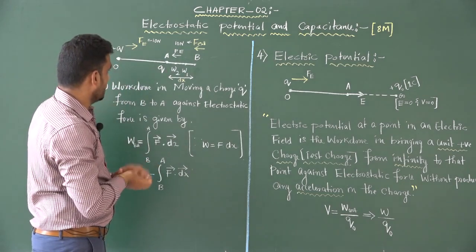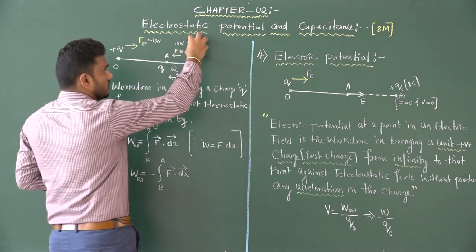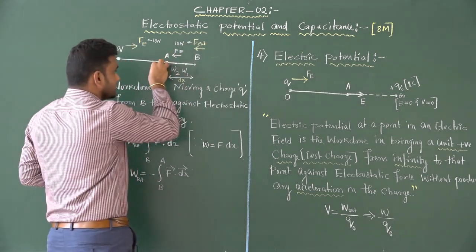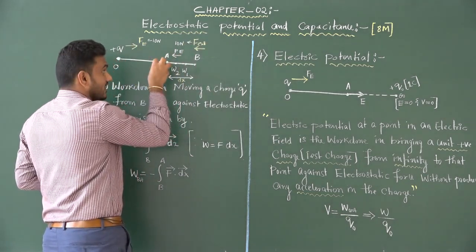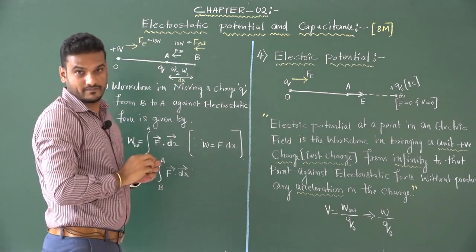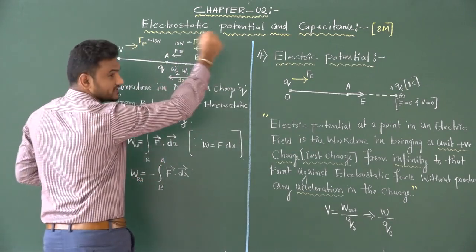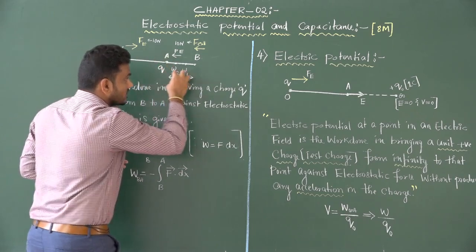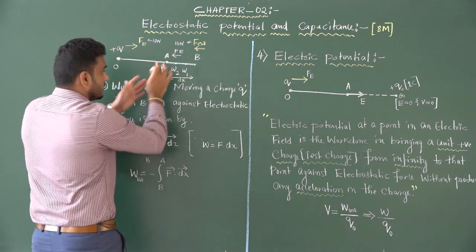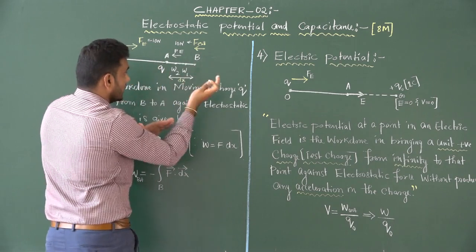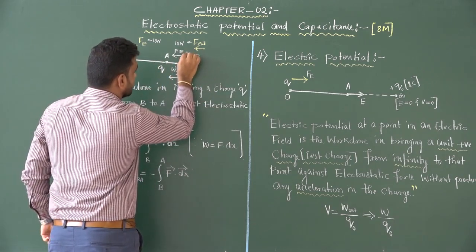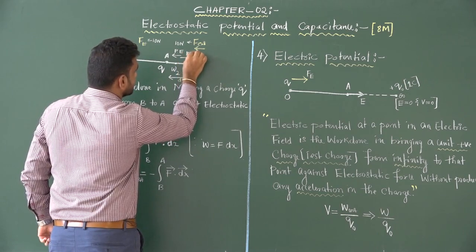Suppose you remove this external force, this charge won't stay at point A itself. Once you remove the external force, what will happen? This charge goes back to the initial position, that is, it will go to B. While going, it acquires kinetic energy.